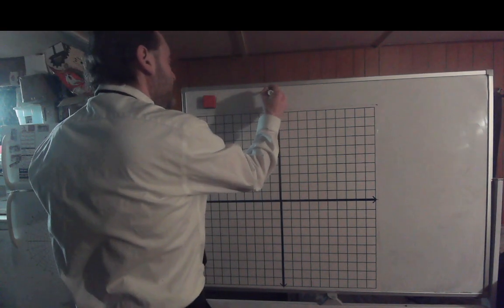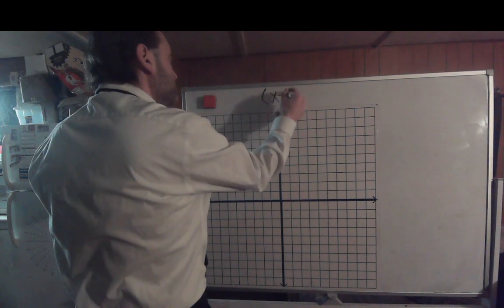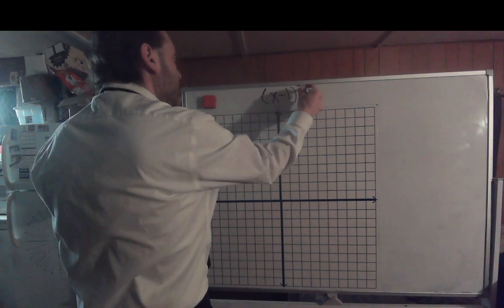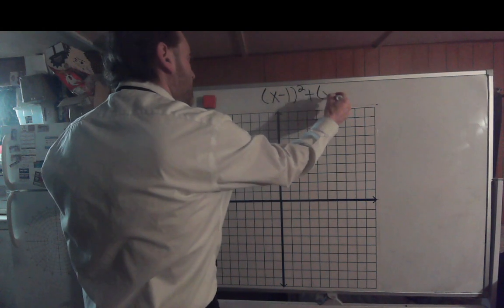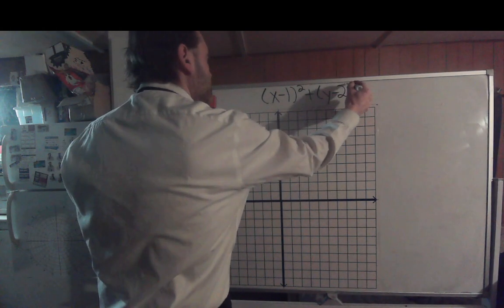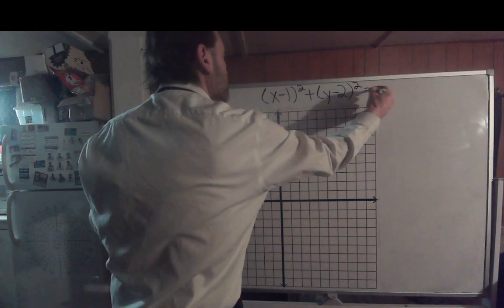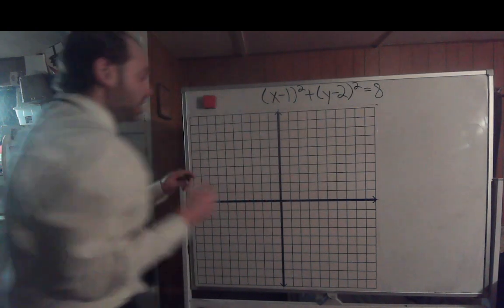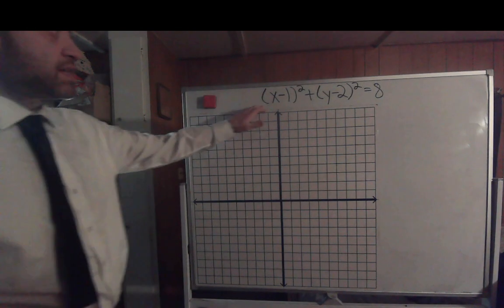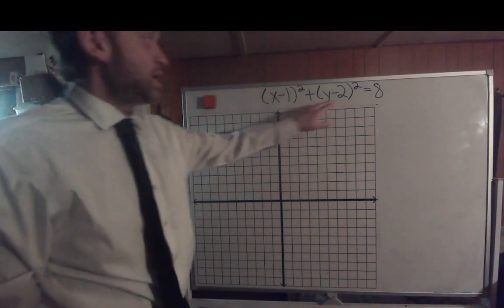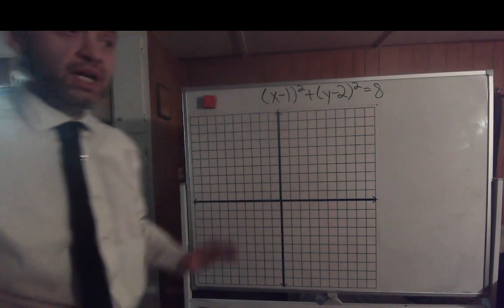So what if I had x minus 1 squared plus y minus 2 squared equals 8? Alright, so I have the quantity of x minus 1 squared plus y minus 2 squared equals 8.